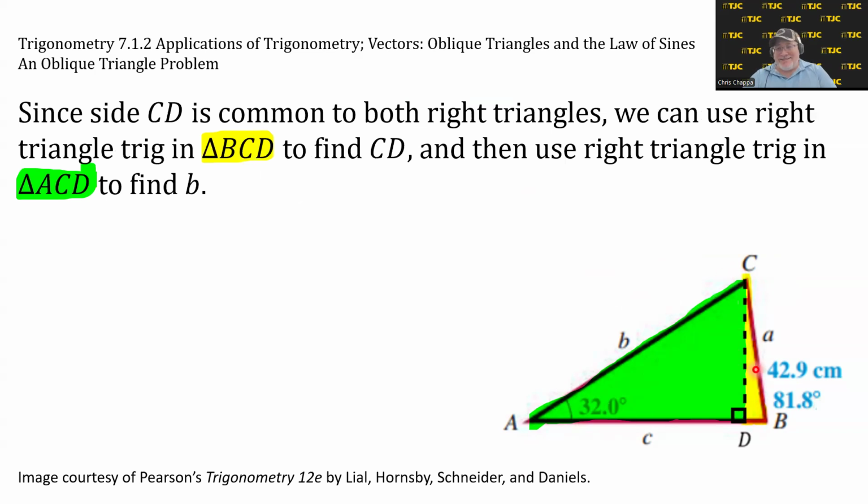Side CD is common to both right triangles. So we can use right triangle trigonometry on the yellow triangle, BCD, to find the length of CD, and then use right triangle trig on triangle ACD to find side b. So that's our plan.